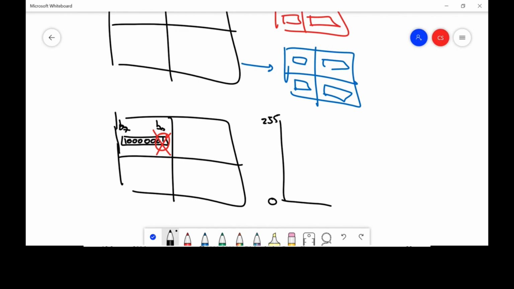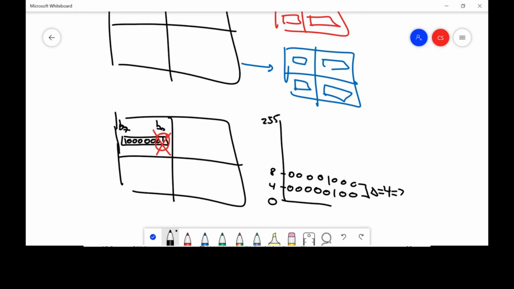What is the next color I can represent? 4. Because it is 0, 0, 0, 0, 0, 1, and then 0, 0. What is the next one? 8. That is 0, 0, 0, 0, 1, 0, 0. So you're going in steps of 4.